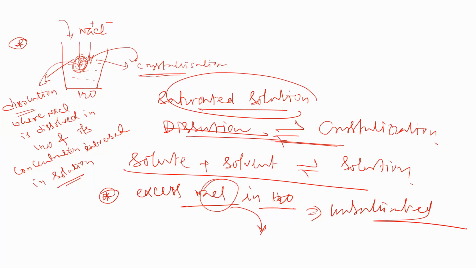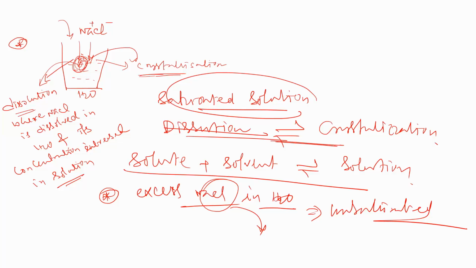These two processes generally happen when we dissolve a solid in a liquid solvent: one is the dissolution, another is the crystallization process. For a saturated solution, there will be equilibrium.